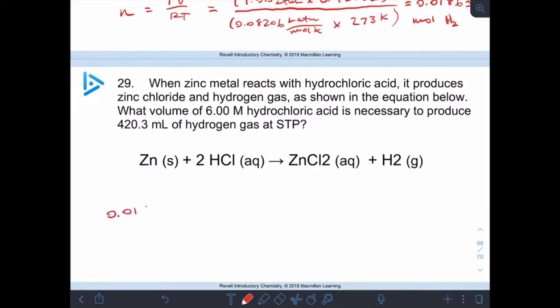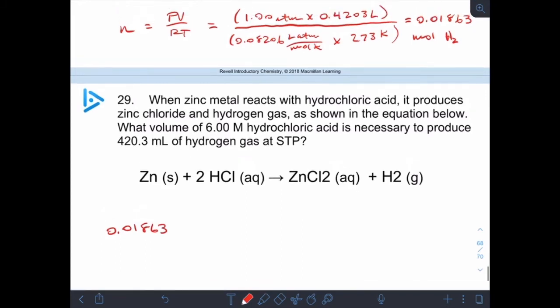So we start 0.01863, and that should be 3 sig figs. So let's keep track right there. Moles of H2. Right, now I'm in moles, so I can go straight to moles of the other thing. So I'm going from moles of H2 to moles of HCl.